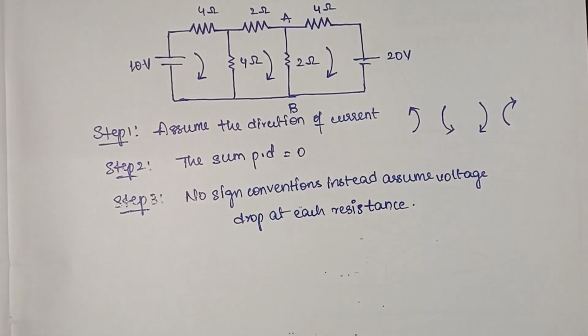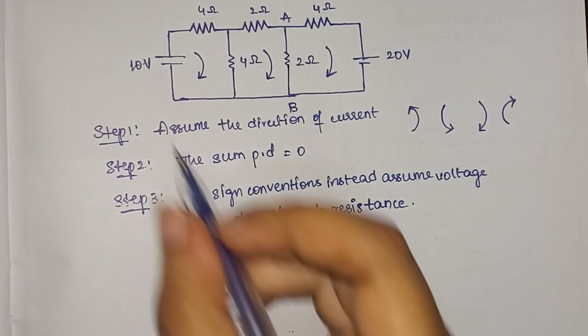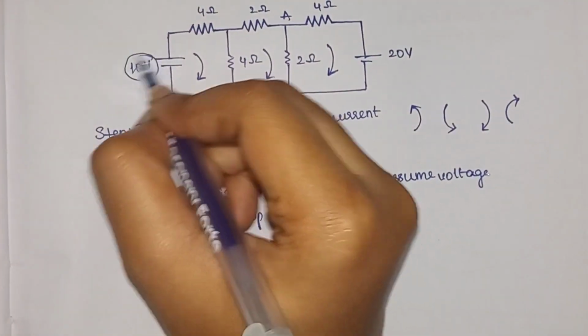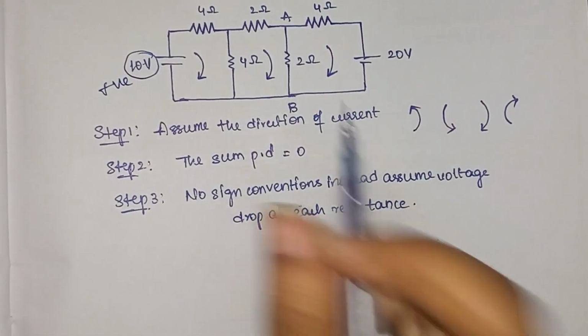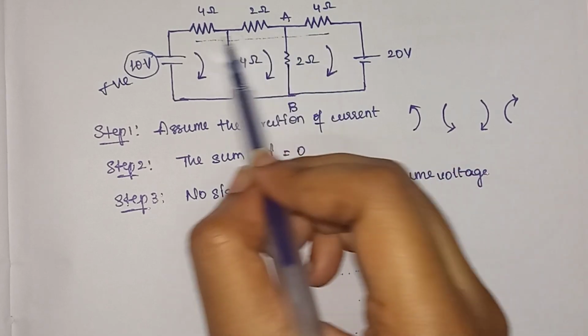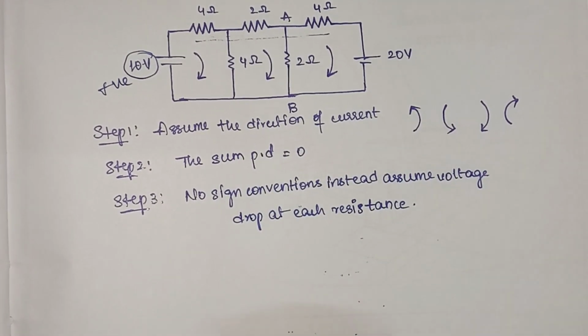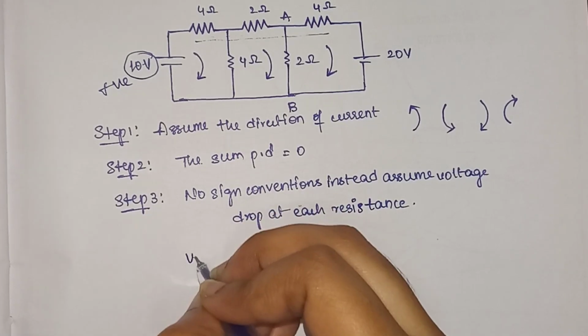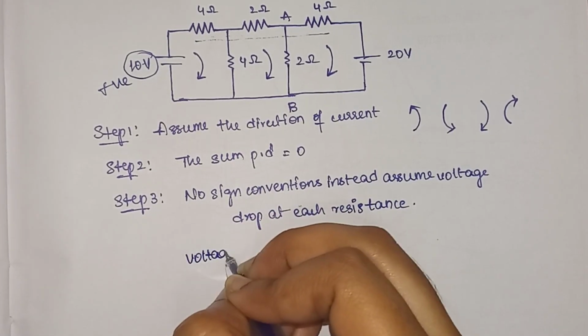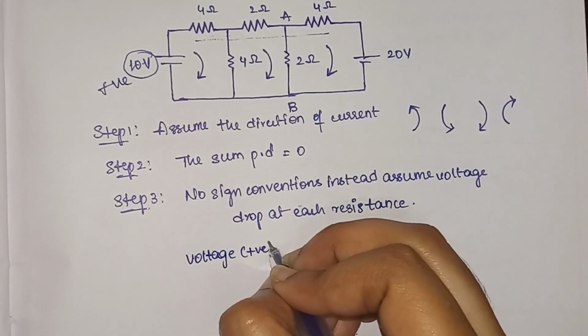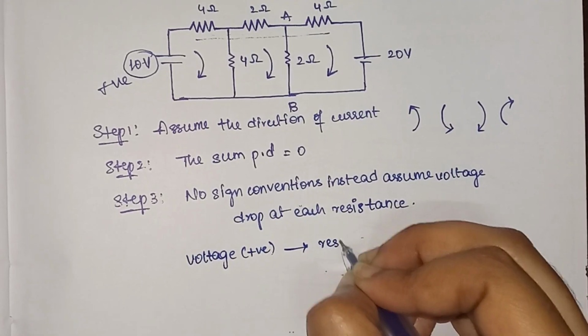So now what will happen? Suppose I am considering this voltage to be positive, then I'll consider all these resistances in the negative way. I'll explain how. So in this case we are considering the voltage as positive, so automatically your resistance will be negative.